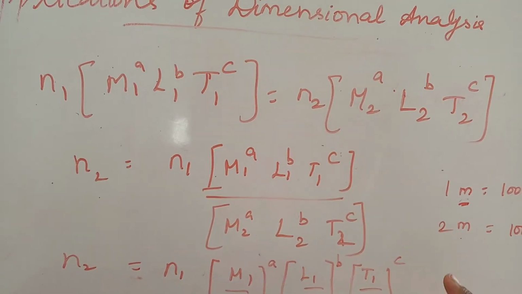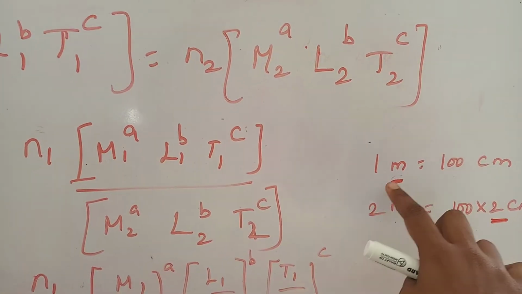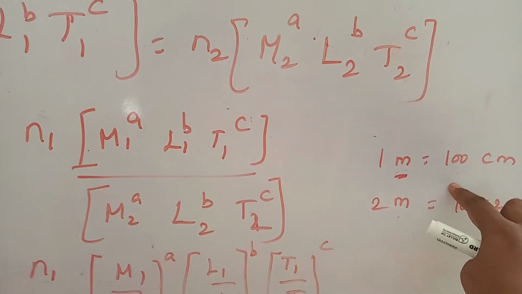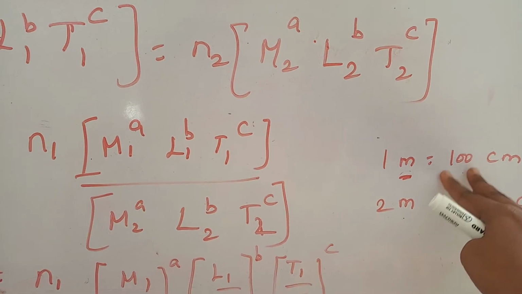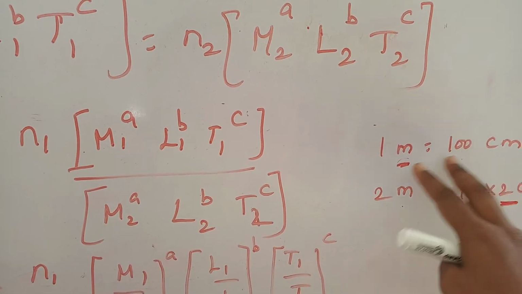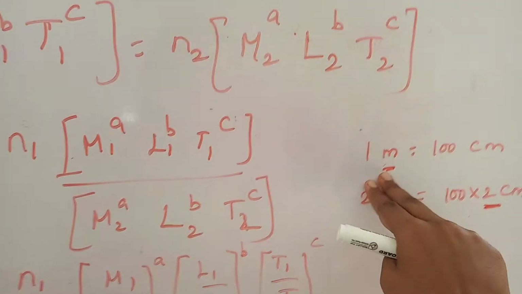Now we have to find this number. When I want to convert 1 meter into centimeter, what do I have to do? I have to multiply by 100. This is the number. When you find this number, we can simply convert this unit into this unit.